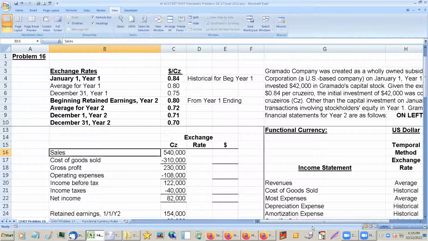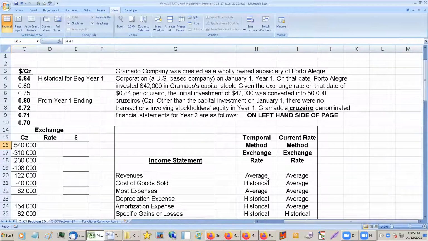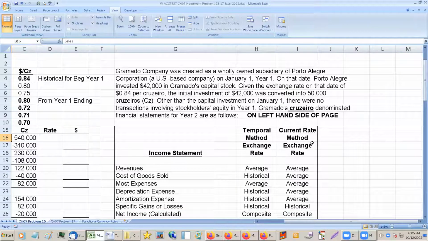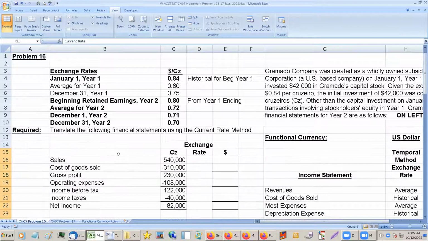So we are going to be using the current rate method. And pretty much everything goes in at the average cost. I don't think there's anything special on this one. So we're just going to use the average cost for this one.